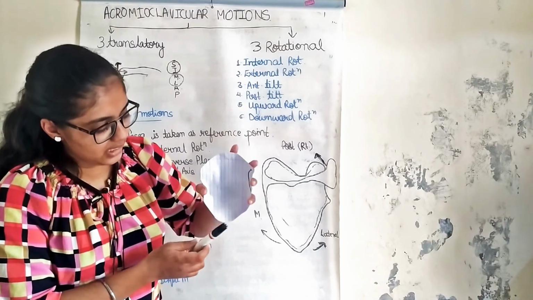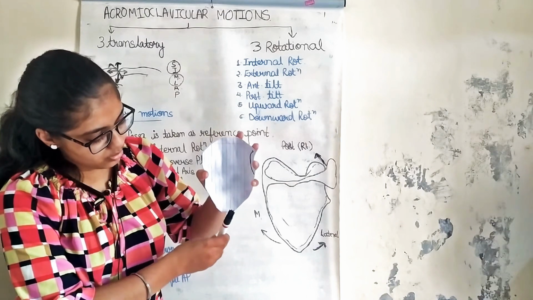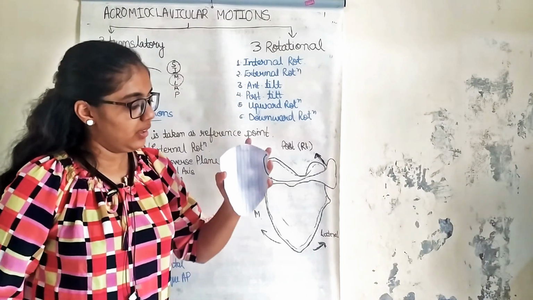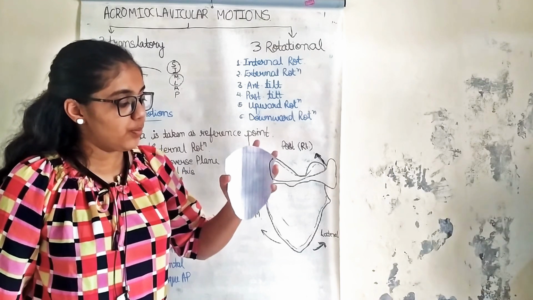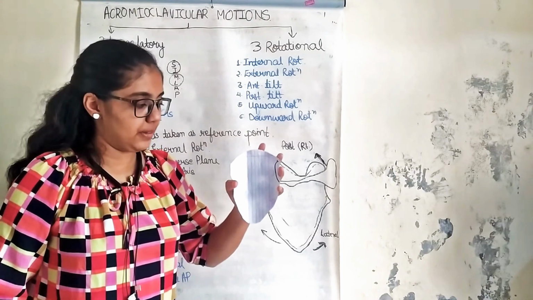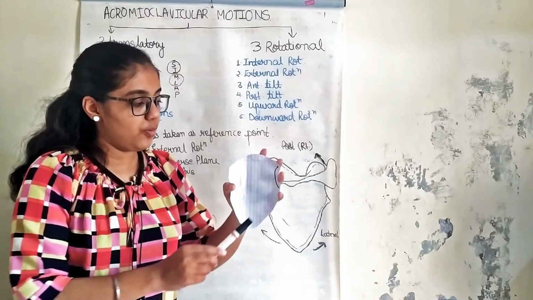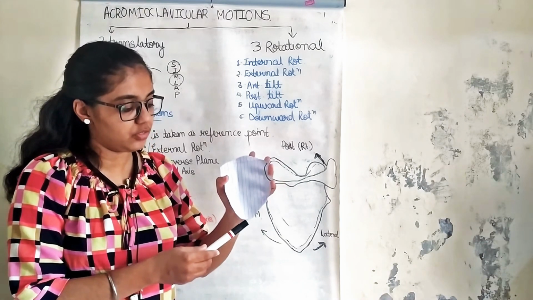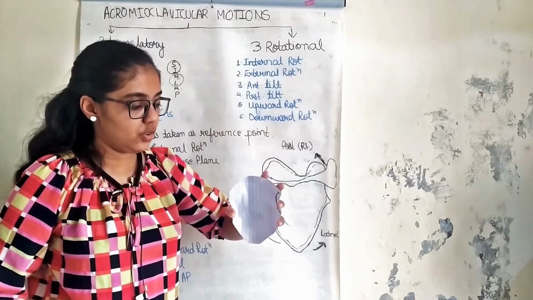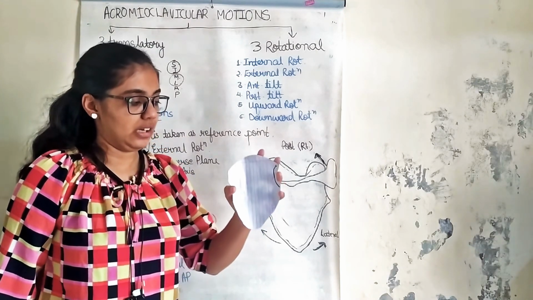As it tilts anteriorly, the downward portion moves posteriorly. This movement is known as anterior tilting. In posterior tilting, the opposite happens: the glenoid fossa moves posteriorly and the inferior part of the scapula moves upward. This is known as posterior tilting.